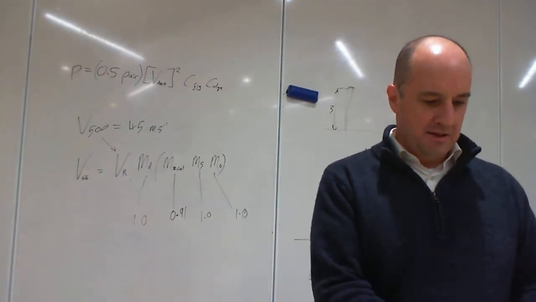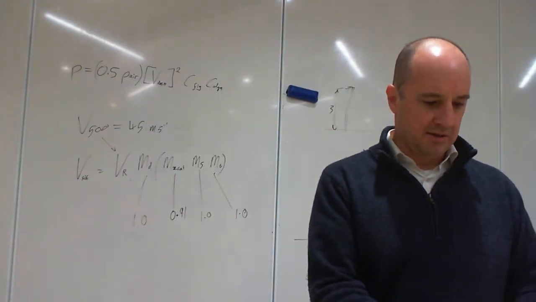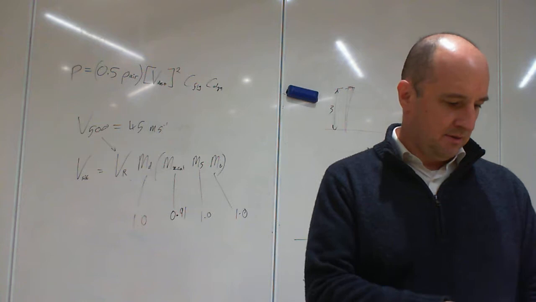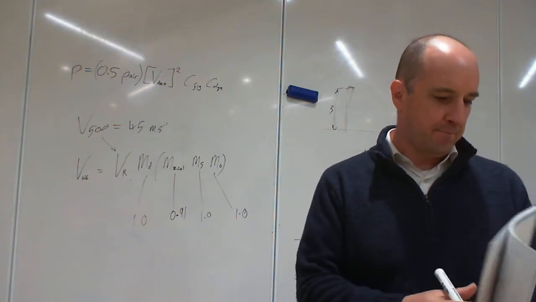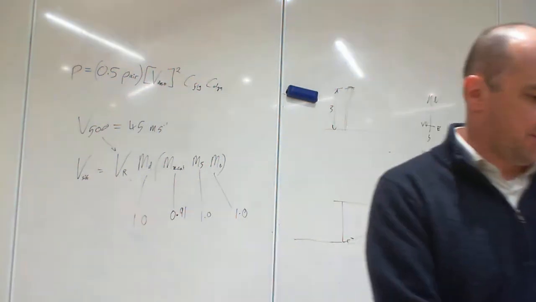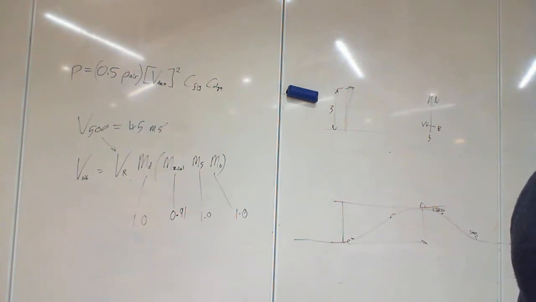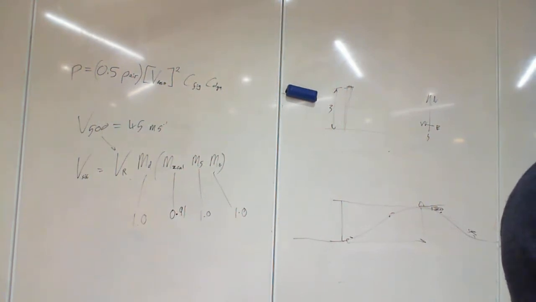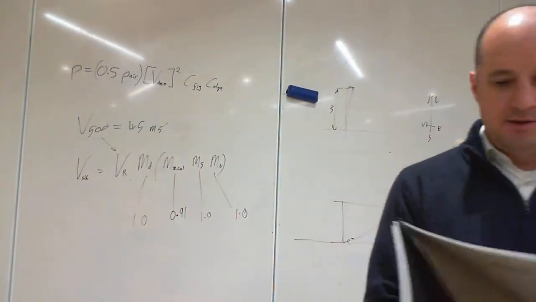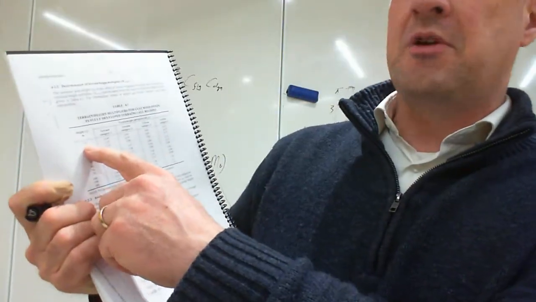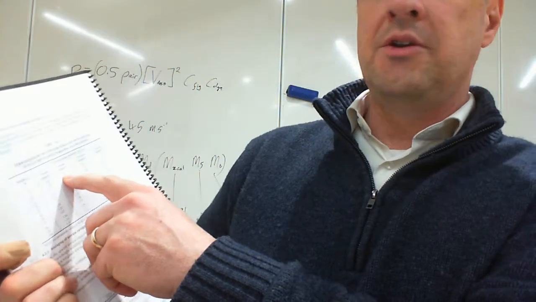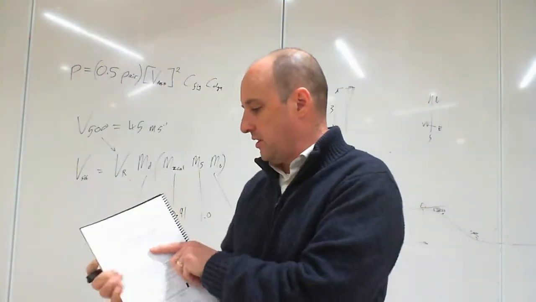If we go back to that other table for a second, where we had the heights of the structures, you'll see that the wind speed is higher the taller your building is. So going back to that table there, if your structure is only 3 meters tall, start with the terrain category 0.91.